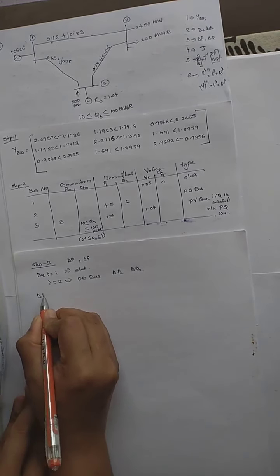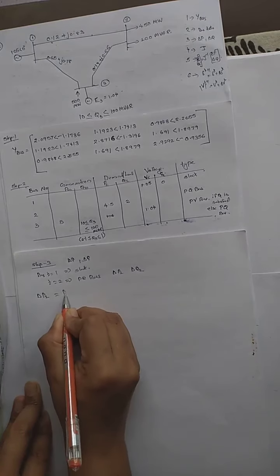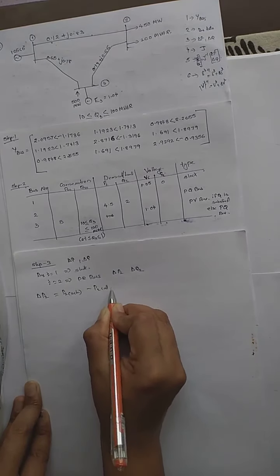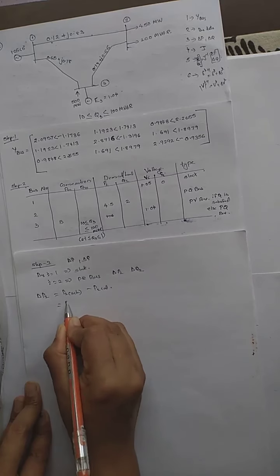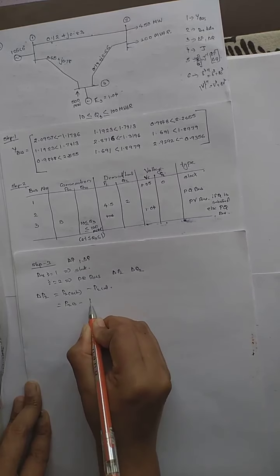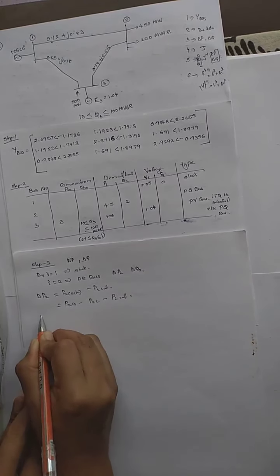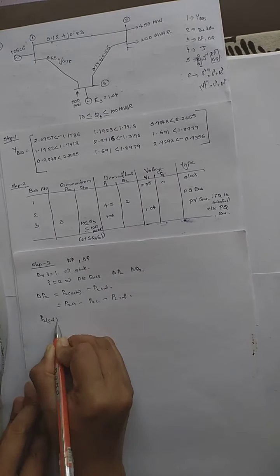So how will I find out delta P2? Delta P2 is equal to P2 scheduled minus P2 calculated, that is equal to P2G minus P2L minus P2 calculated. So what is the equation for P2 calculated?